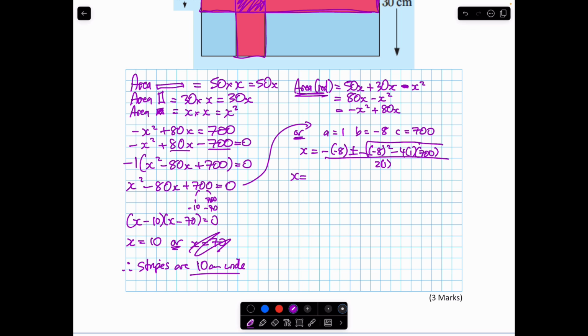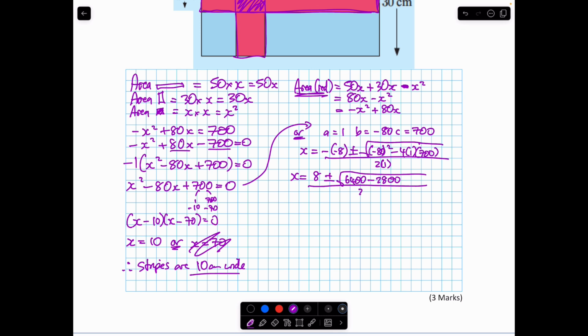Oops, sorry. B is negative 80, not negative 8. So had a whole other 0 there. Negative 80 squared is going to be 6,400. Negative 4 times by 1 is negative 4 times by 700, negative 2,800.